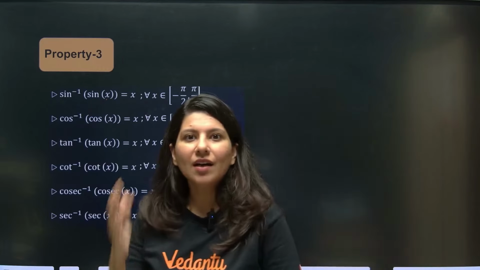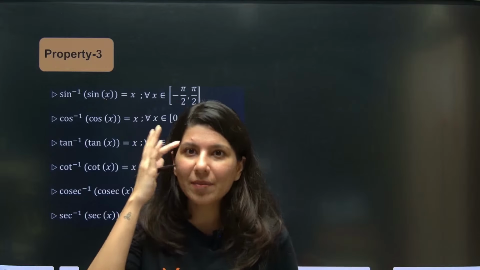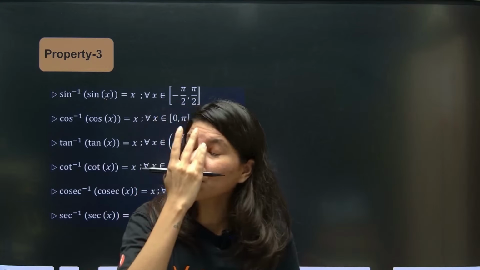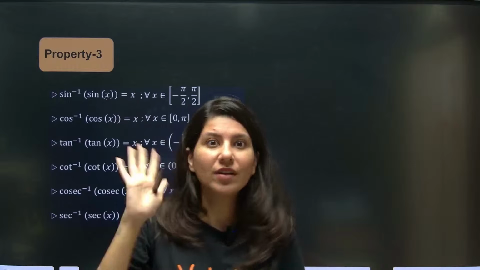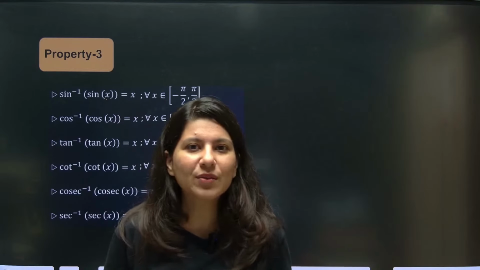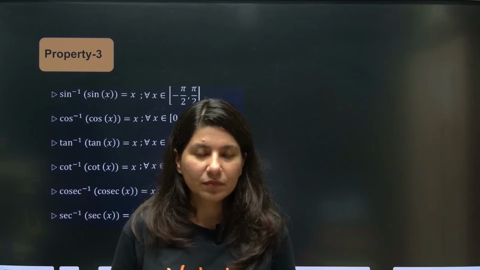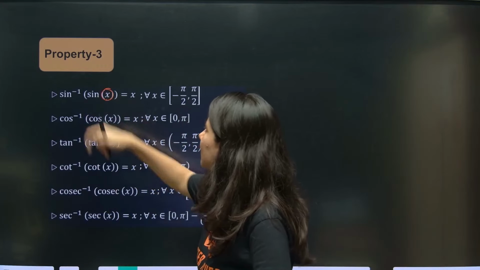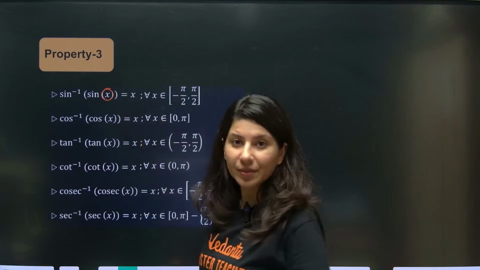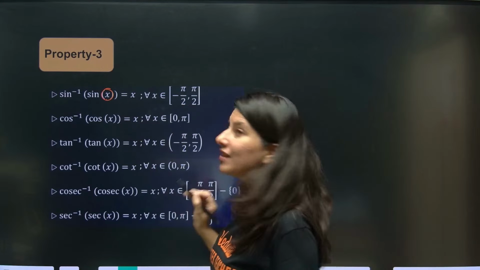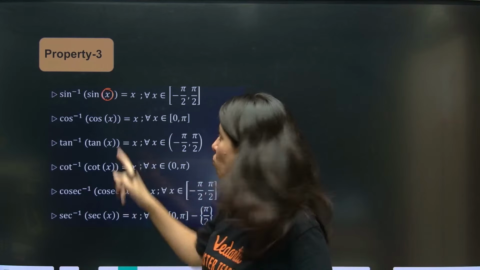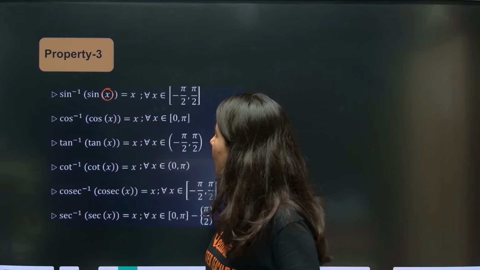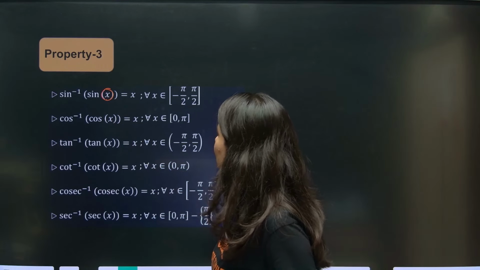In tan, theta cannot be pi by 2 or odd multiples of pi by 2. But the domain majority is all real values, just 1 or 2 values are removed. But in sine inverse sine x, x is all real values, right?